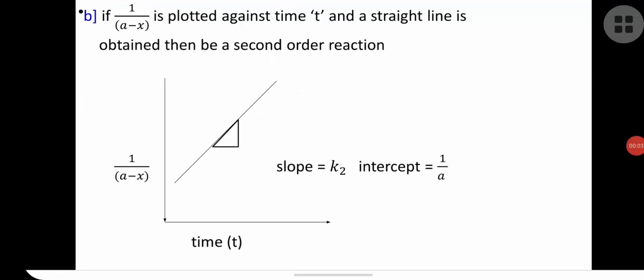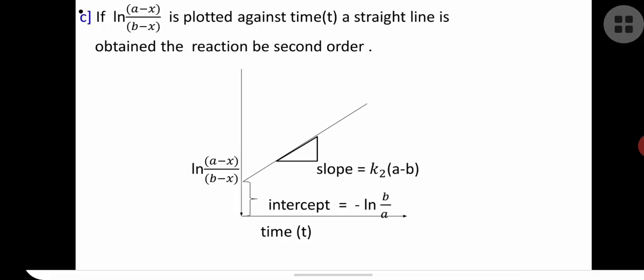Now, by plotting the graph of 1/(a - x) against time, a straight line is obtained having slope equal to k2 and intercept along the y-axis 1/a. This shows that the reaction would be second order with equal initial concentration.